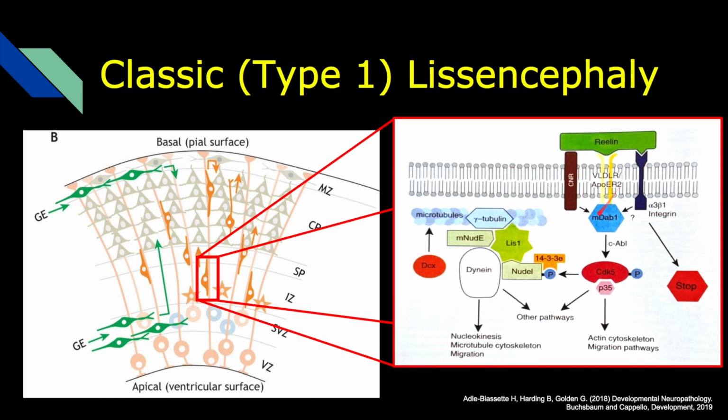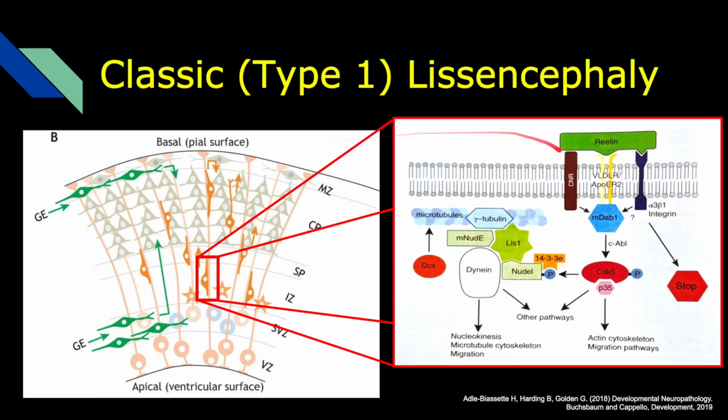So mutations in this will obviously also lead to migrational defects, because this ability to jump off and move out of the way to allow new neurons to come in is significantly impaired when you don't have a stop signal. These will keep migrating and form a disorganized migratory car crash at the top of this radial glial scaffold.